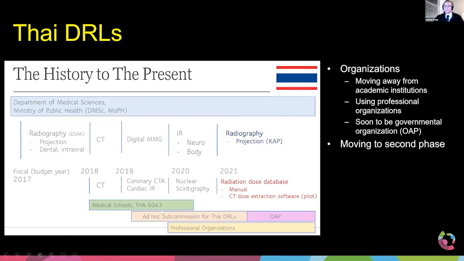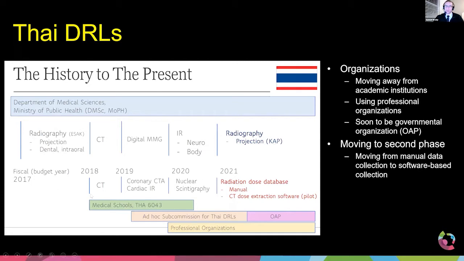So now that they have collected 4 years worth of data, from 2017 to 2020 and starting into 2021, they're moving on to their second phase, moving from manual data collection, which is what's been happening, to software collection.